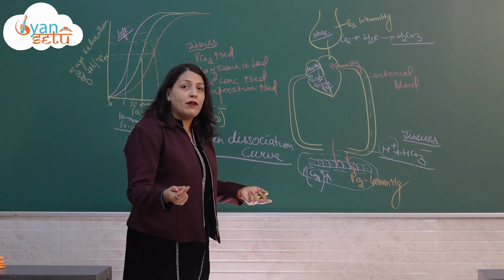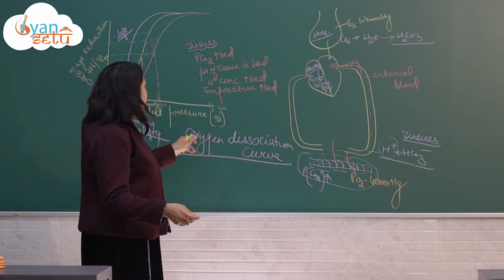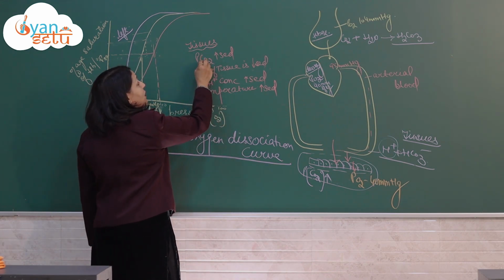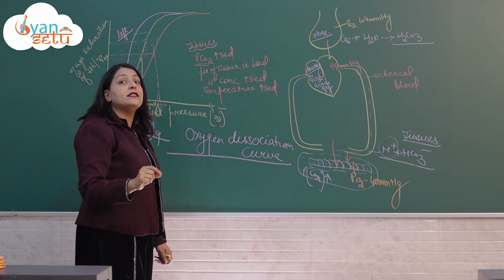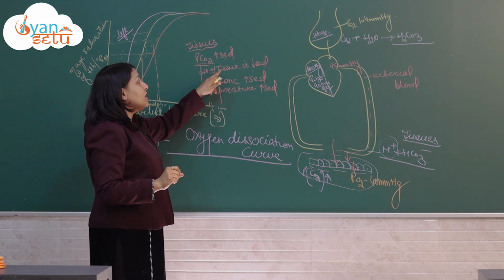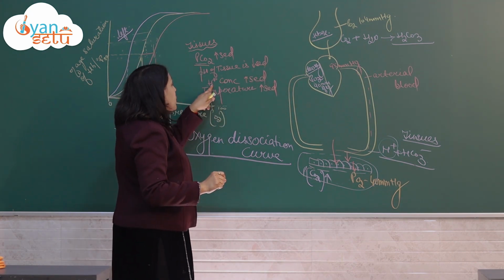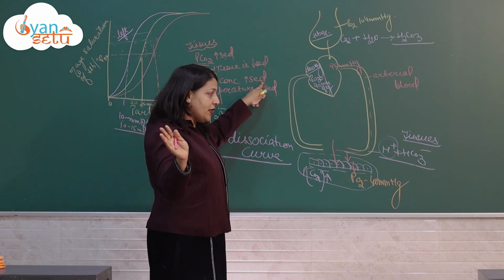But this is not our reason, or this is not our answer. Then what is the answer? Our answer is, in the tissues, carbon dioxide partial pressure is increased. pH of the tissues is decreased due to increase in hydrogen ion concentration.